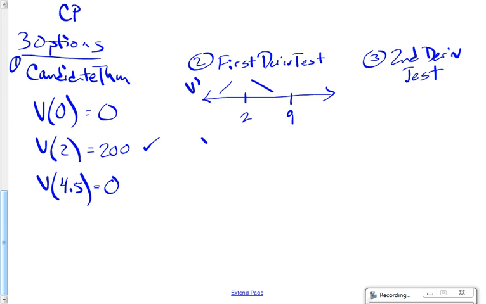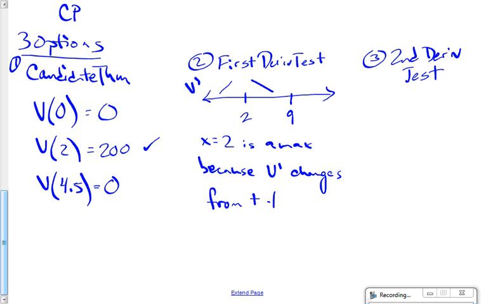So now we could say that x equals 2 is a max because V prime changes from positive to negative. That's a valid response. That's a valid defense of the fact that x equals 2 is a max.